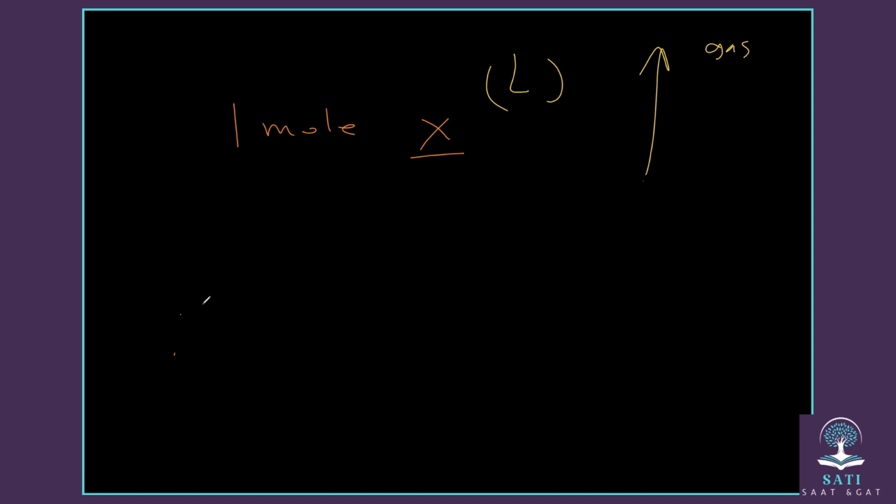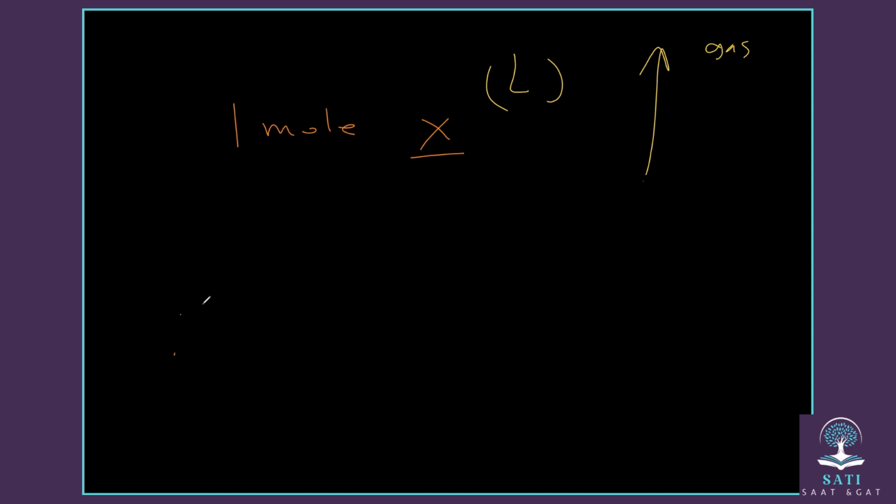Again, the system decides, not you. So 1 mole here will take the heat in order to be converted from liquid into gas. So that means this reaction is endothermic, and it is called vaporization. So vaporization is an endothermic reaction. It takes in energy in order to be converted from liquid into gas.